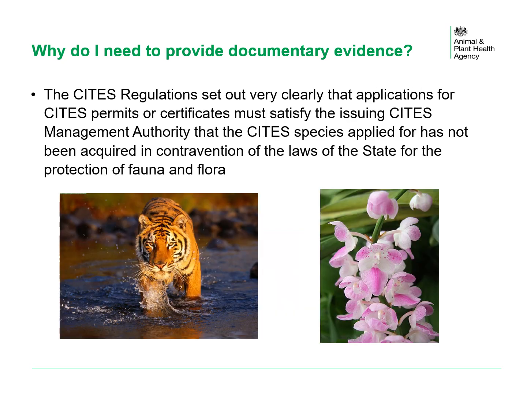The CITES regulations set out very clearly that applications for CITES permits or certificates must satisfy the issuing CITES Management Authority that the CITES specimens applied for have not been acquired in contravention of the laws of the state for the protection of fauna and flora.